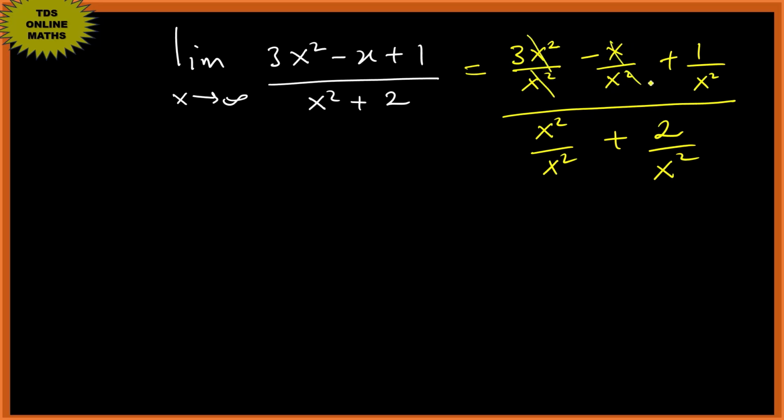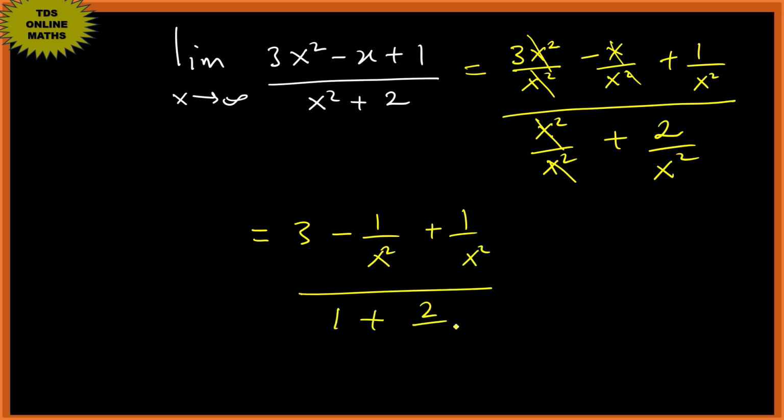So this one will move one of the x's here. So this side will go. So I have 3 minus 1 on x squared plus 1 on x squared on 1 plus 2 on x squared.